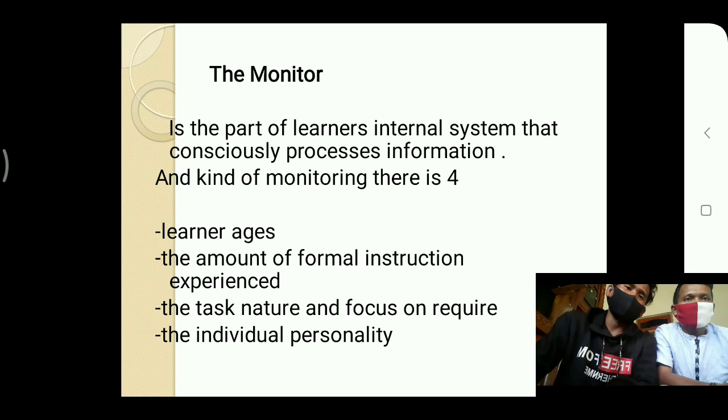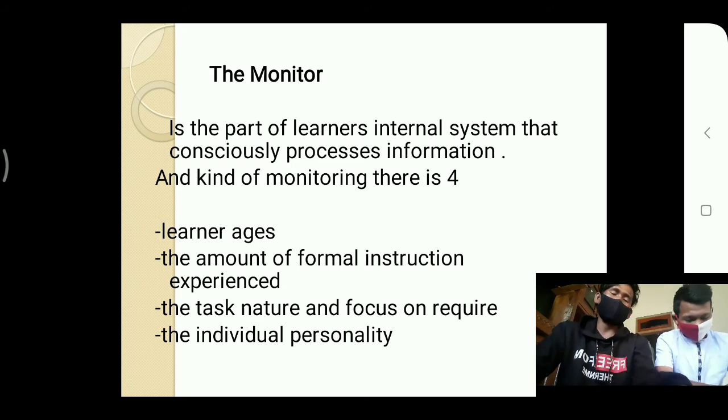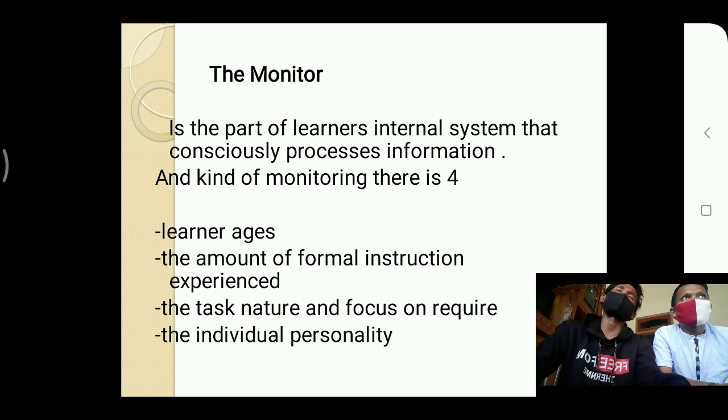Next, it is my turn to talk about the monitor. As we know, in the internal processing there are three explanations. The first is filter, the second is organizer, and the last is monitor. I want to explain a little about what the monitor is in internal processing.